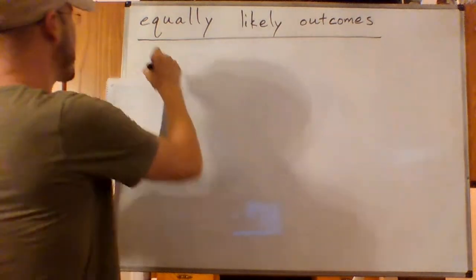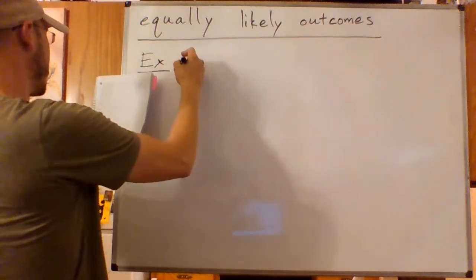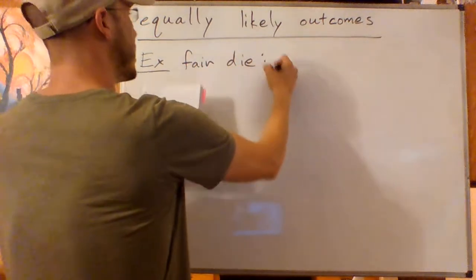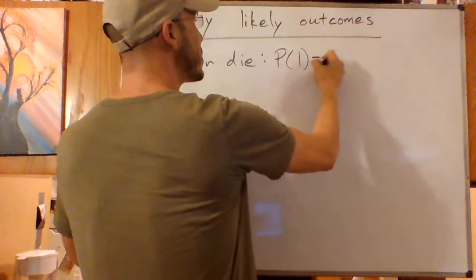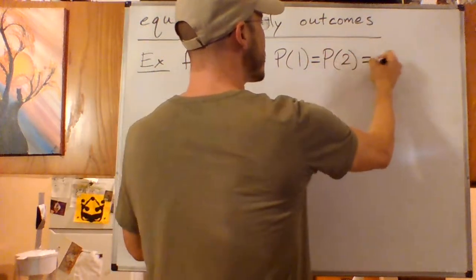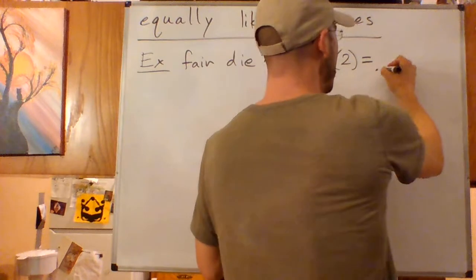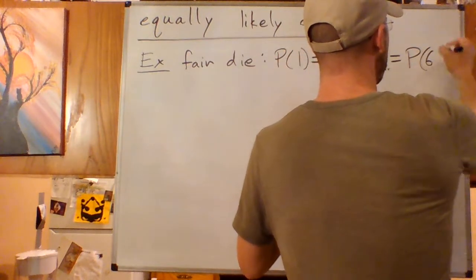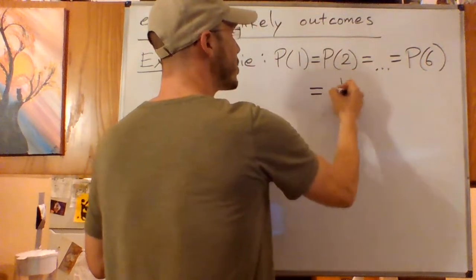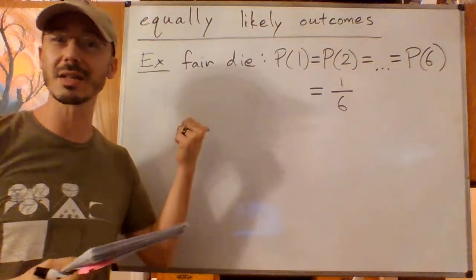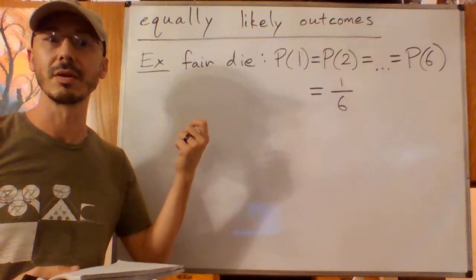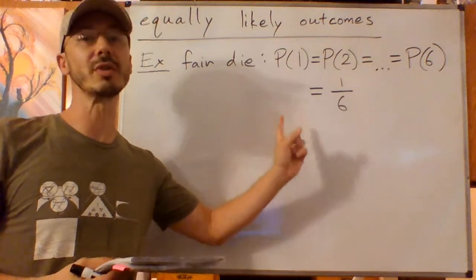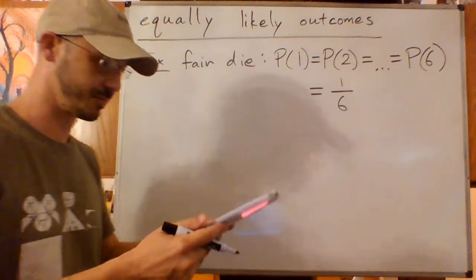I'm going to write that like this. For the fair die, the probability of 1 is equal to the probability of 2 is equal to, you see where I'm going with this, they're all equal, is equal to the probability of 6. Those are all equal to 1 out of 6. There are 6 things that can happen. They're all equally likely, so the probability of any one of them happening is 1/6.